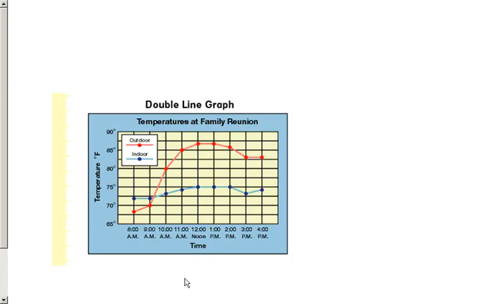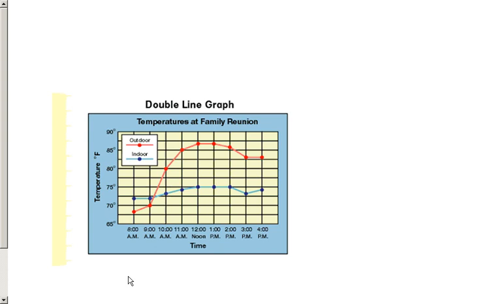The next graph that I want to show you is called a double line graph. So this has two broken line graphs on the same set of axes. So we've got the horizontal and the vertical. The only difference is that you'll remember that first graph we saw, we've added some additional information.